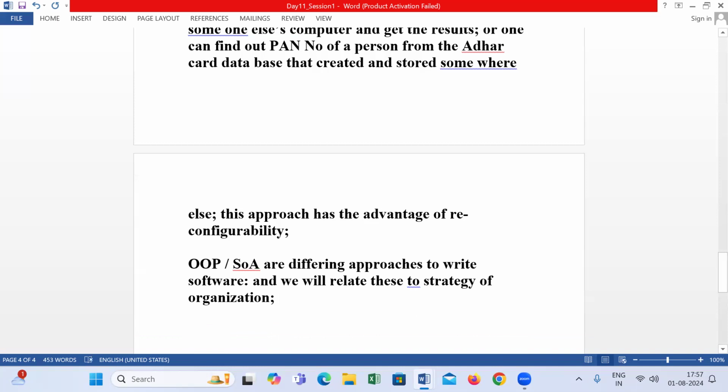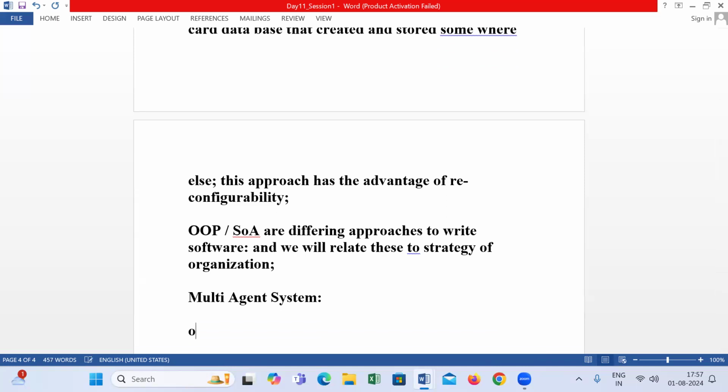Then we have one more technology which is known as multi-agent system. So for example, here we have an organization or company that has R&D, marketing, finance, and HR functions.